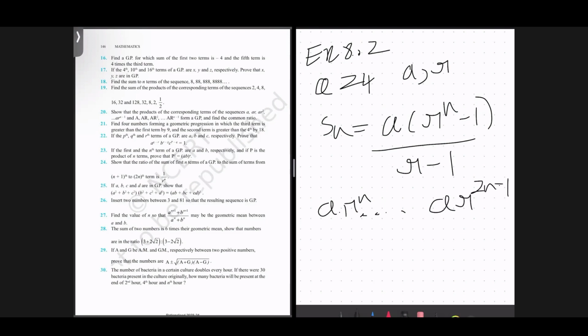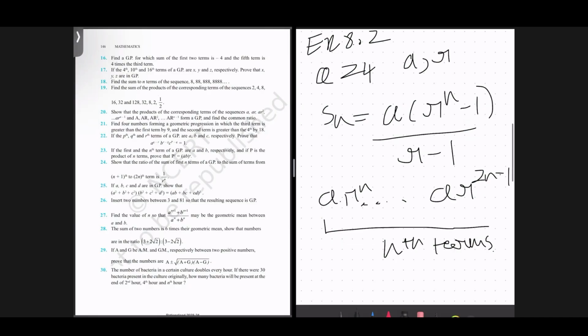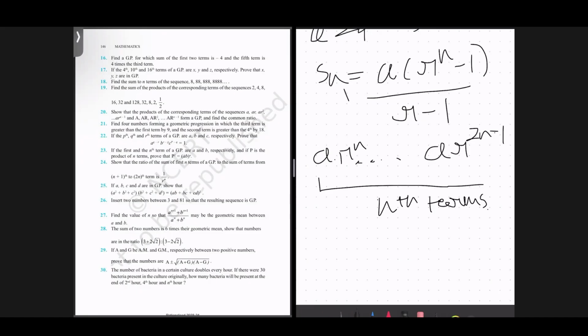So these are n other terms with common ratio r, and the first term is a r raised to the power n. So we have Sn first, and now we're going to find Sn second, when the GP now begins from the n plus 1 term of the previous GP, which is a into r raised to the power n.